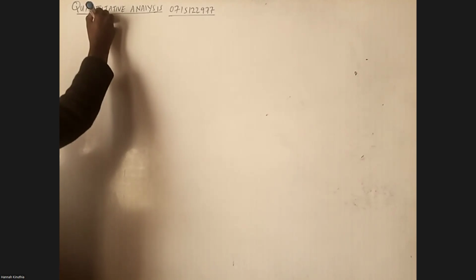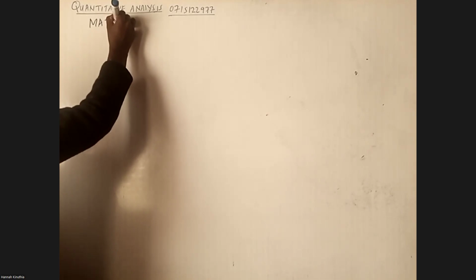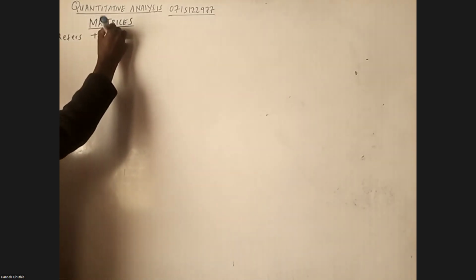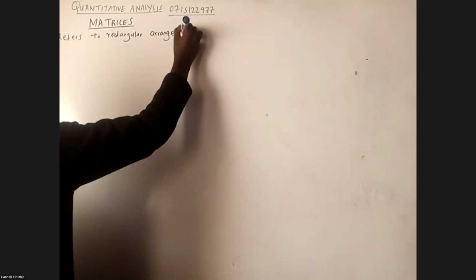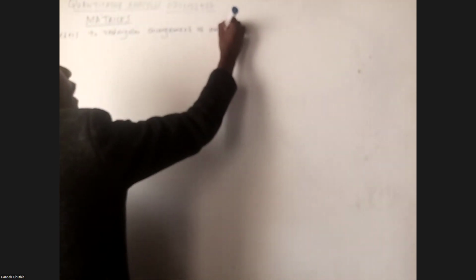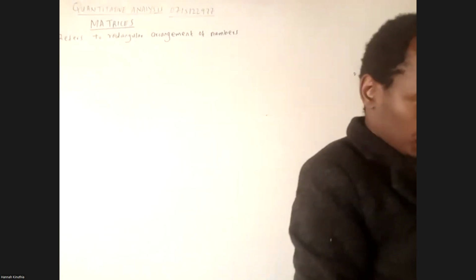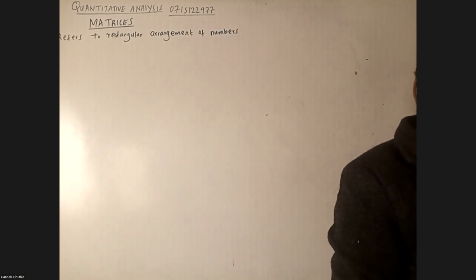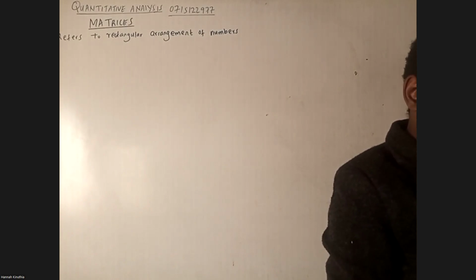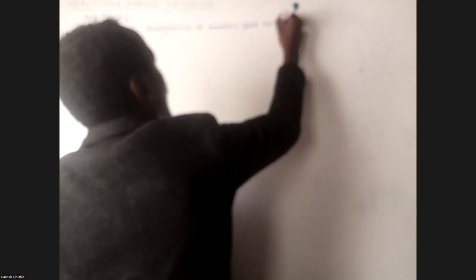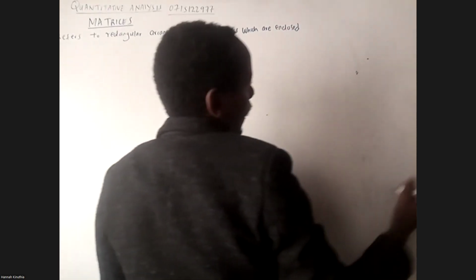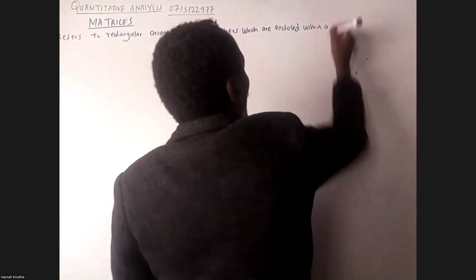So matrix refers to the rectangular arrangement of numbers which are enclosed within a bracket.